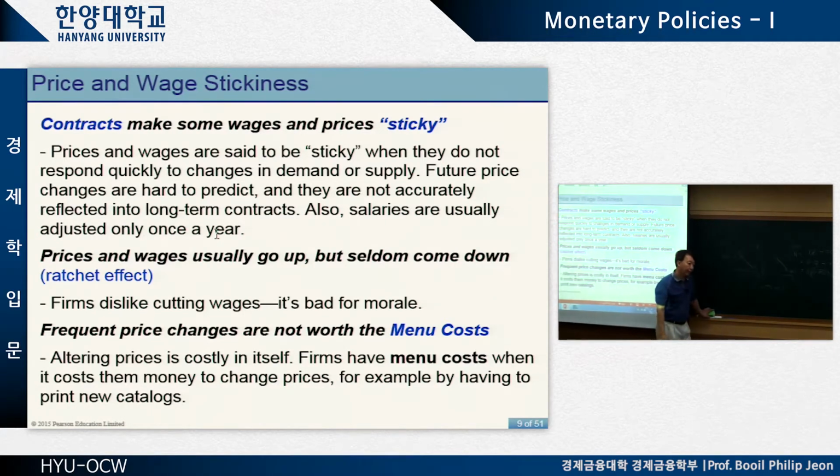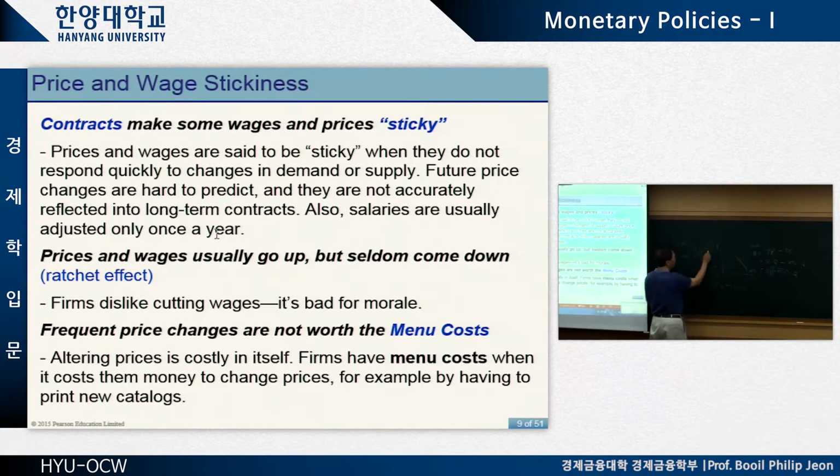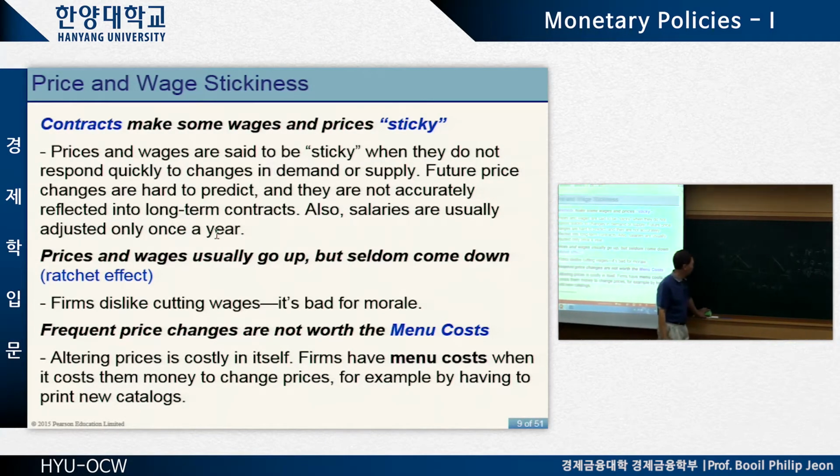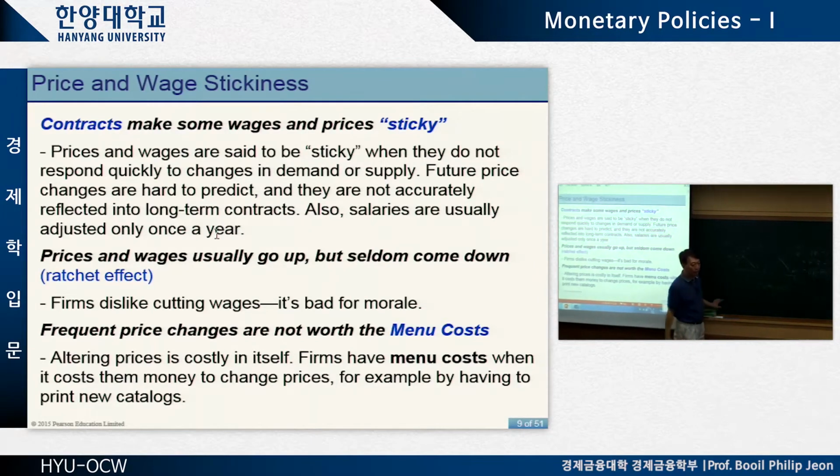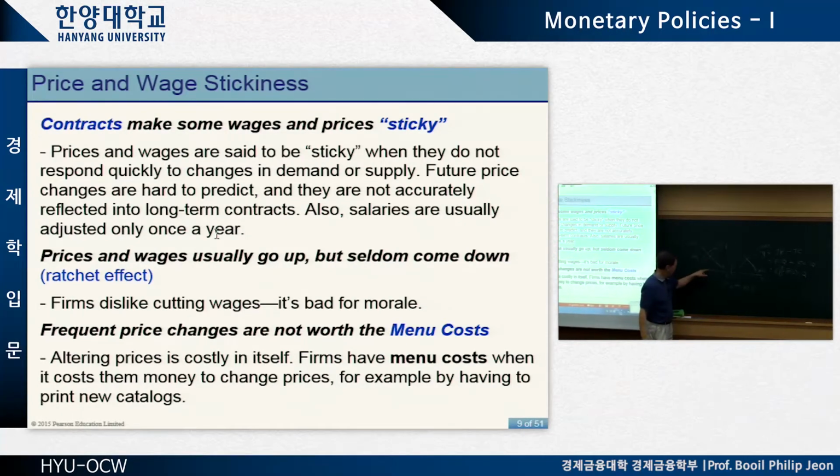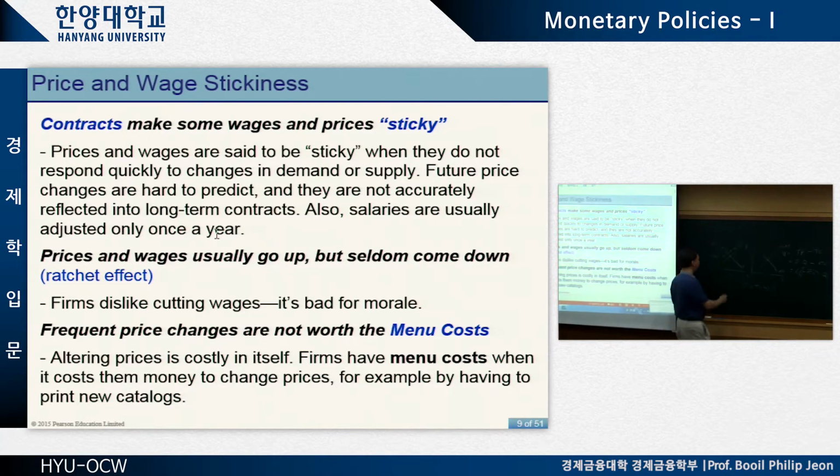So you can understand this shift in the labor supply curve either way: in order to provide the same level of employment or labor, workers demand higher wages, or at the current wages, the quantity supplied for their labor goes down.